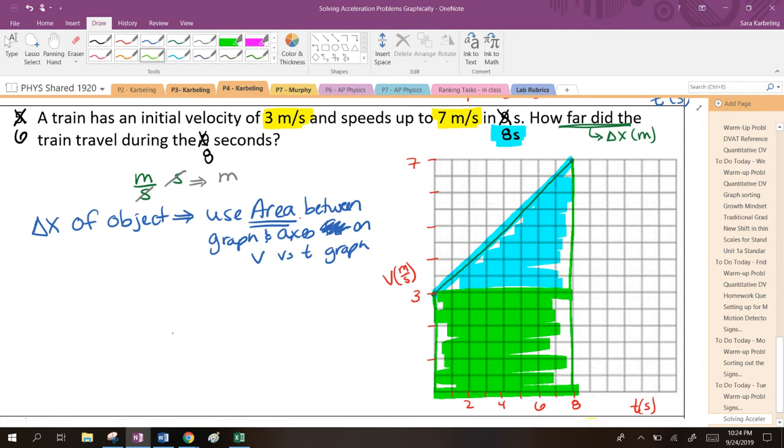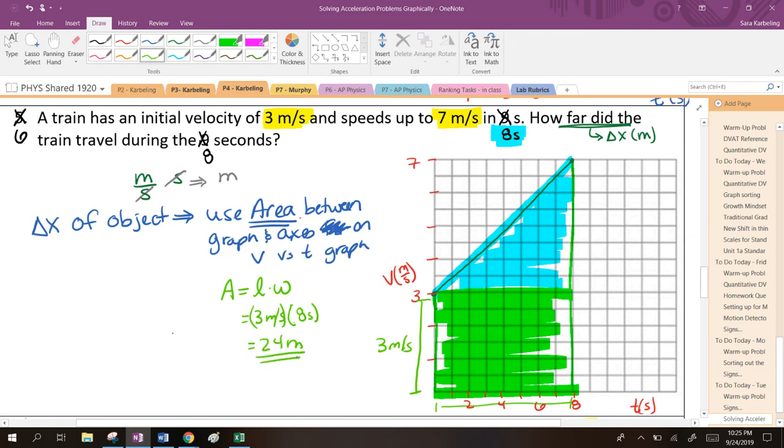So we're going to find the area of that rectangle. The area of the rectangle is length times width, or base times height. The length, if I go up this way, is 3 meters per second. And the width across this way is 8 seconds. 8 times 3 gives me 24 meters.